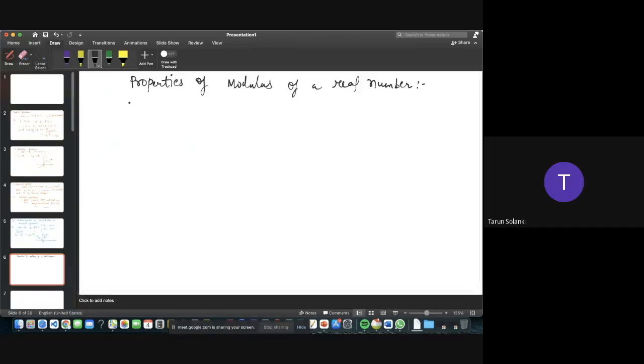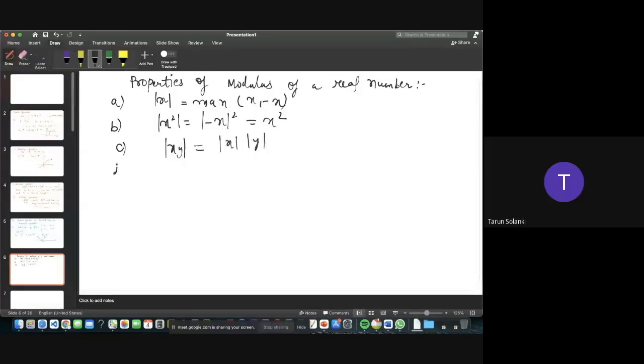Okay, so the first is mod x is equal to max of x or minus x. Second thing is mod x square is equal to minus of mod x square, which is equal to x square. Similarly, the third property is mod of xy, we can write mod x times mod y, right?